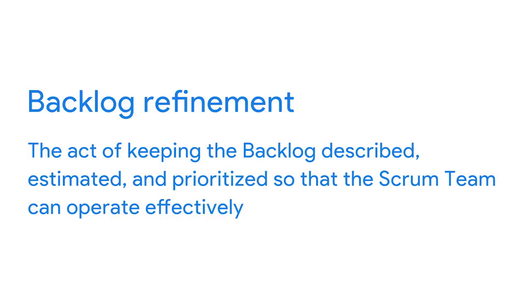Backlog refinement refers to the act of keeping the backlog described, estimated, and prioritized so that the Scrum team can operate effectively. After the product owner has added the backlog items with a description and a value statement, they do backlog refinement.